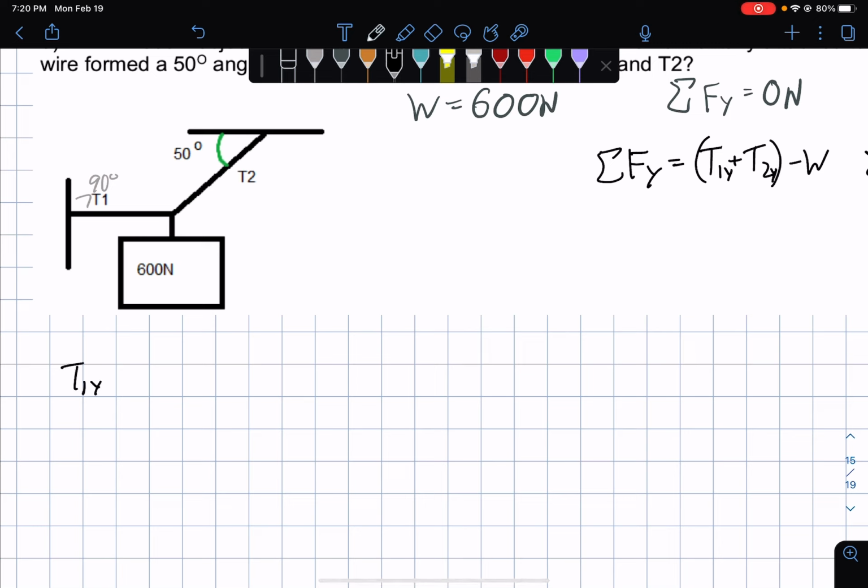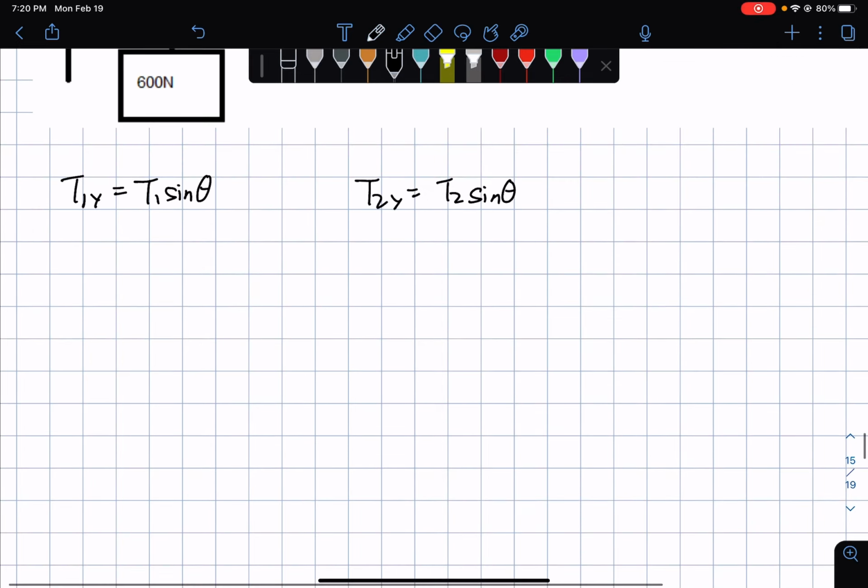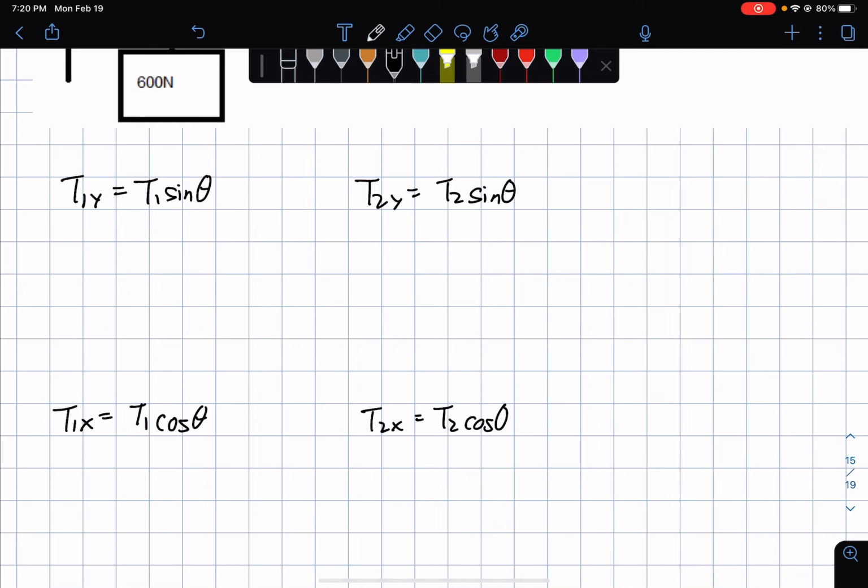So T1y is T1 sine theta, T2y is T2 sine theta, T1x is equal to T1 cosine theta, T2x is equal to T2 cosine theta.